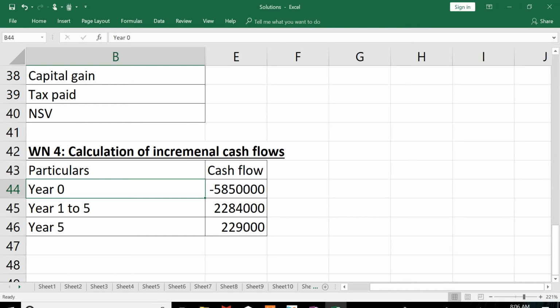IRR is something you can do at home. Let's close NPV alone. It's no more a problem of existing and new, it's only incremental. Only the additional number is to be considered for analysis purposes.